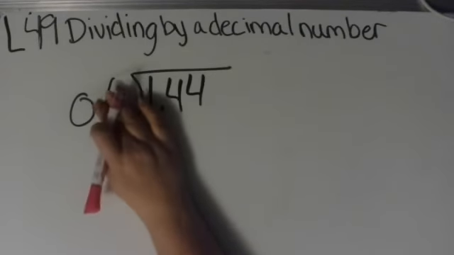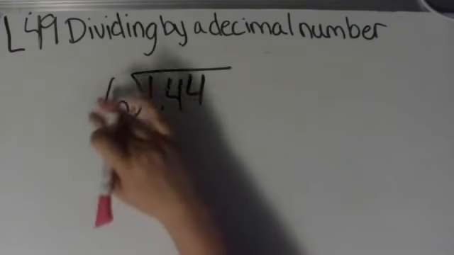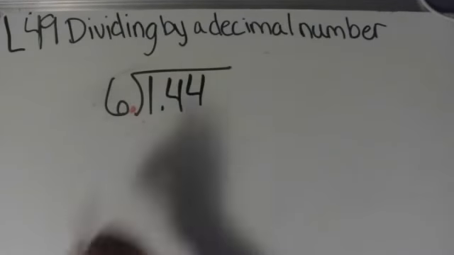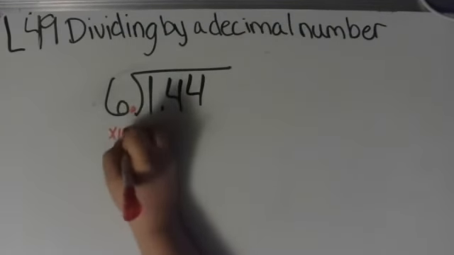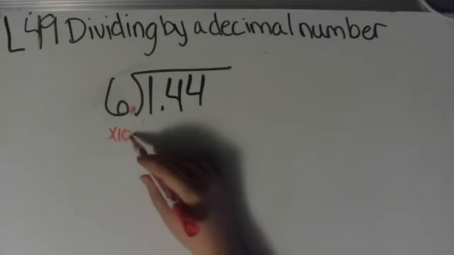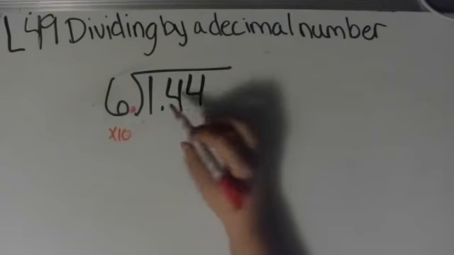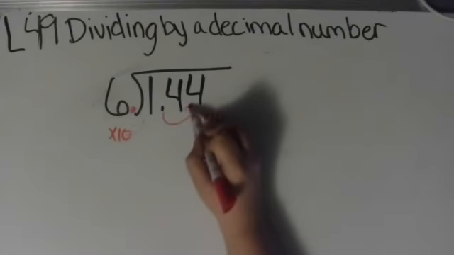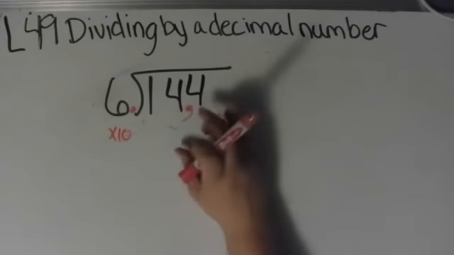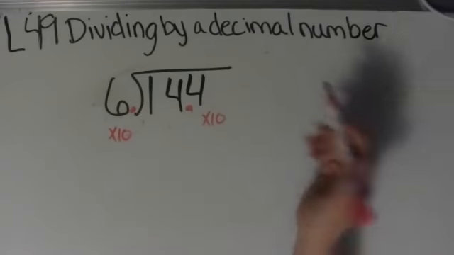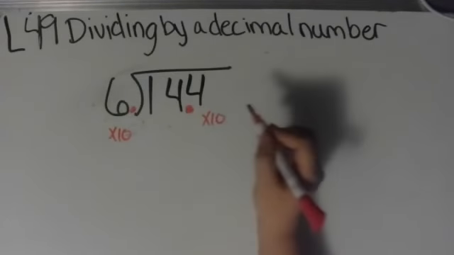It is now here, okay, which means I can erase these bits. To get it to move over that one time, I times it by 10. So because I times this by 10, I must times this by 10, which means it moves over once. One place value. My decimal is now here.